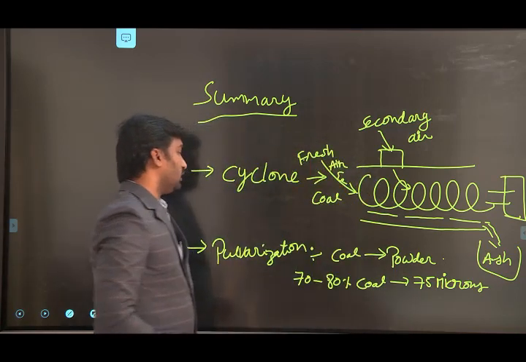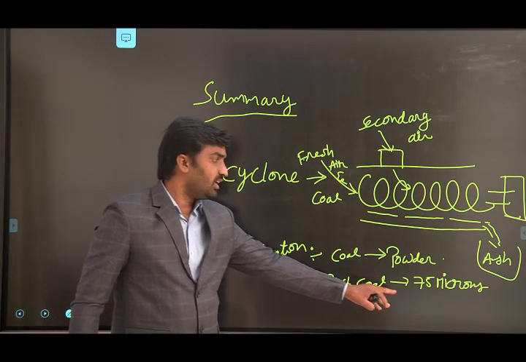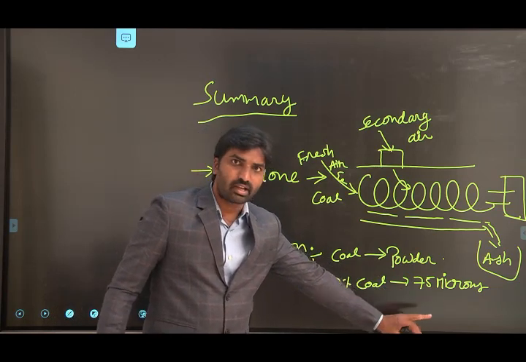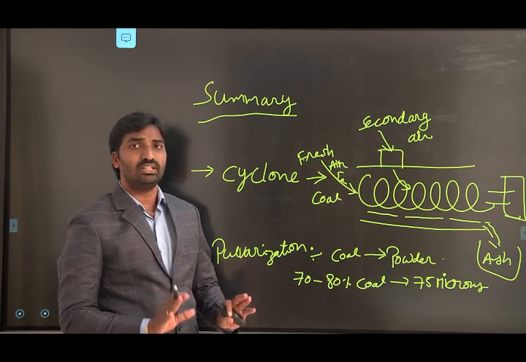When the particle size of the coal is equal to 75 microns, at that time we are getting the higher combustion efficiency.